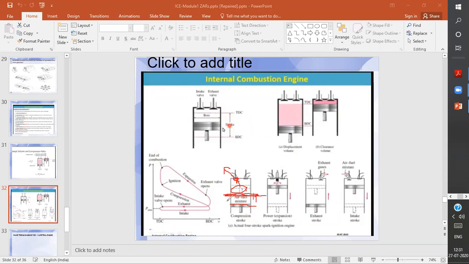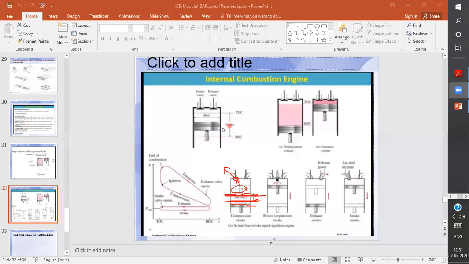You have to design it according to your engine, how much degree of rotation of the crankshaft you have to open the intake valve. Have you understood this much, students? All of you know what is top dead center and bottom dead center.